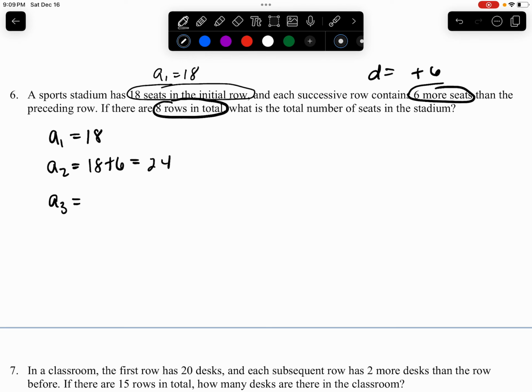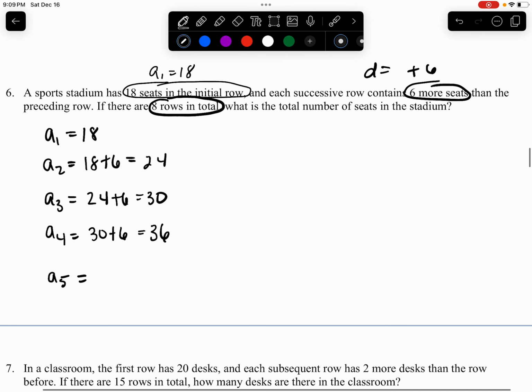A3, which is the third row, 24 plus 6, which is 30. A4, which is 30 plus 6, which is 36. And then A5 equals, well, obviously plus 6. So we're going to do that, 42. A6 is 48.